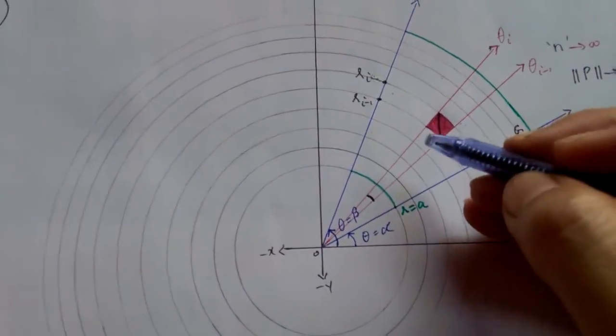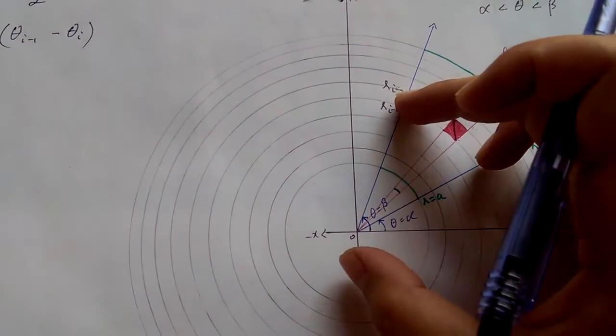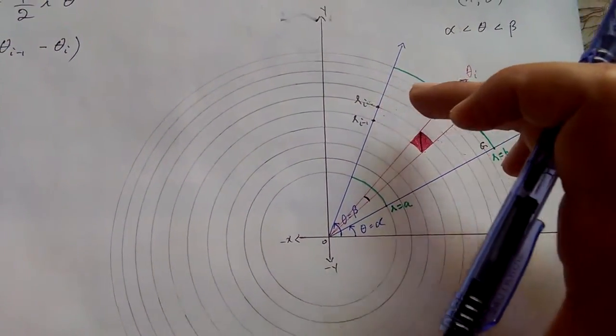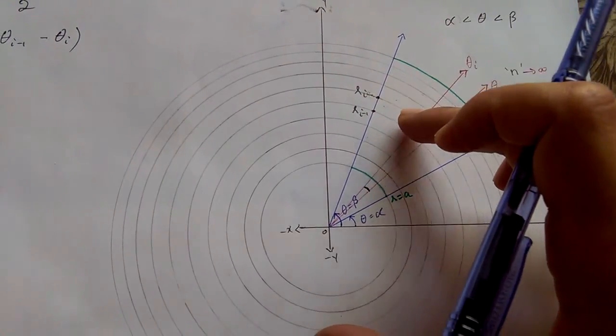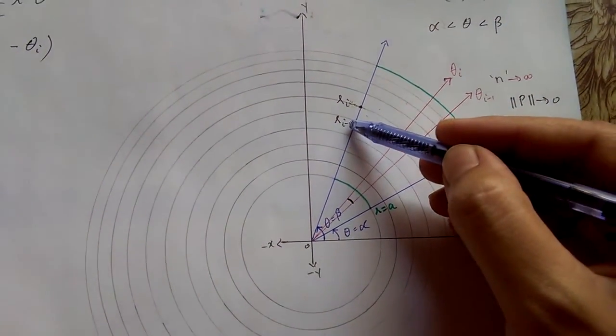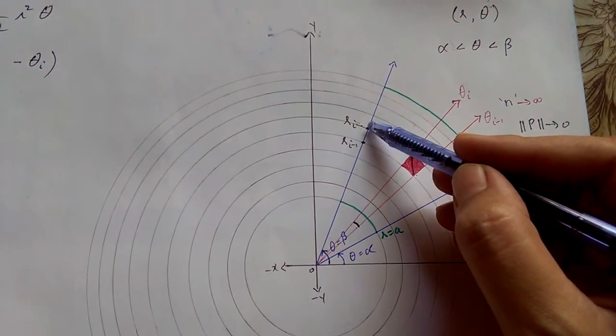When we subtract the area of this circle from the area of this big circle, we get the area of this entire strip, which is bounded between the circle having radius R i minus 1 and the circle having radius R i.